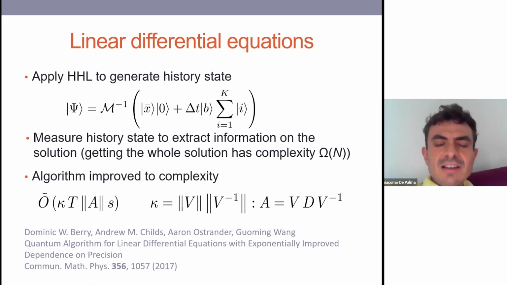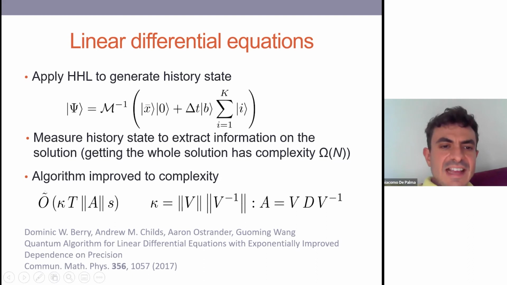Because as usual, if we want the whole solution, this has a complexity that scales at least linearly with the dimension of the vector space where the equation is defined. But there is still the hope that some partial information can be got with some measurements with a complexity that's still logarithmic in the dimension of the vector space and linear in the number of qubits of the register.